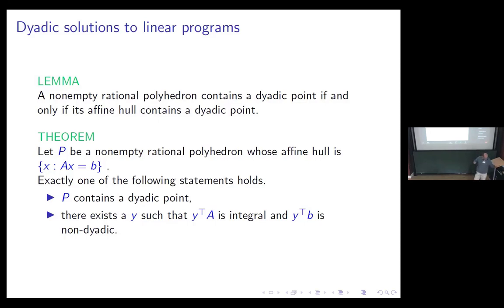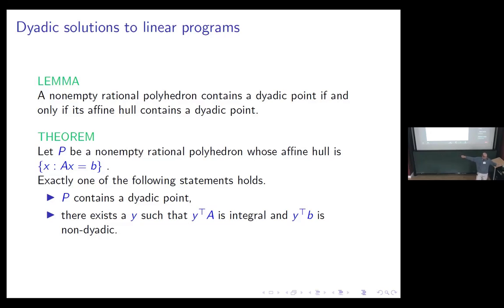Okay, so the affine hull contains a dyadic point, and now you look at a point in the relative interior of the polytope. Take a rational point in there, and now let's look at the line segment between these two points. There's going to be some rational vector, which can scale up to some integral vector.